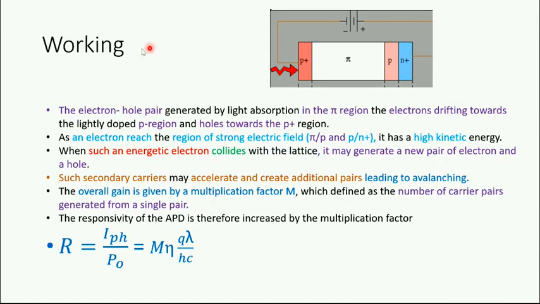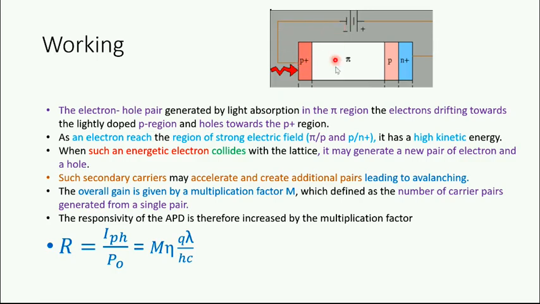Okay. So the working is very important. As in a PN photodiode, the first electron hole pair is generated by an incident photon whose energy is greater than the band gap energy. Correct. So the electrons are attracted by the positive polarity and the holes are attracted by the negative polarity of the battery.